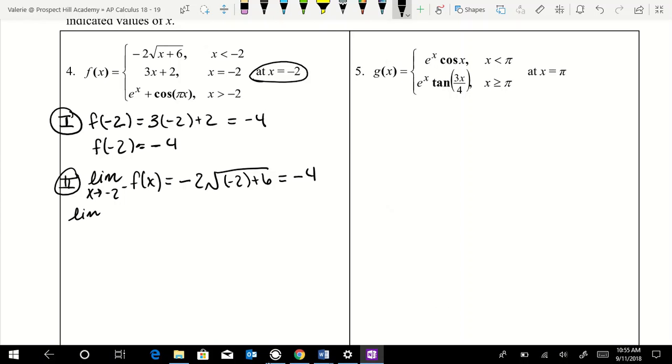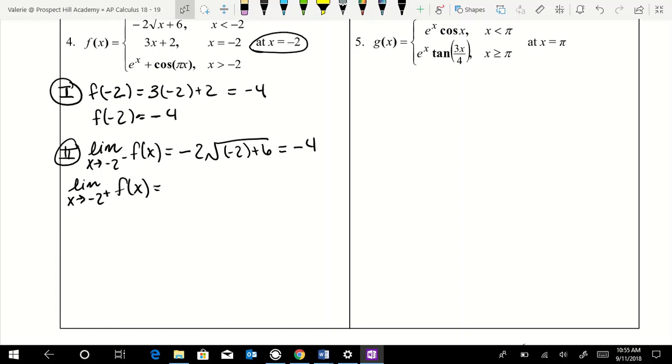Now the limit from the right, which asks for x values greater than -2, so we'll use that bottom equation. So we have e to the -2 plus cosine of -2 pi, which is going to be equal to 1 over e squared plus 1, which is definitely not going to be -4.